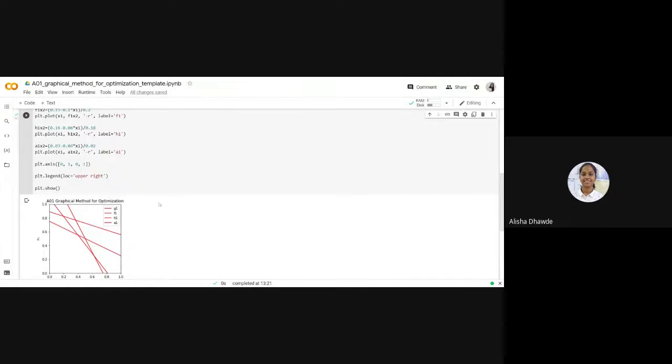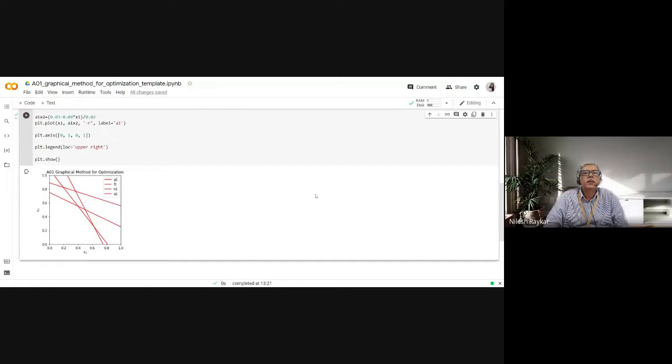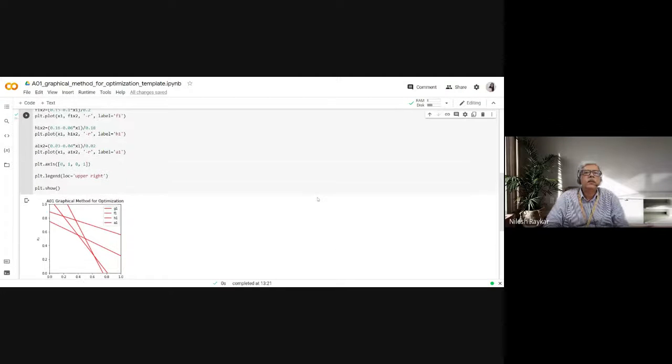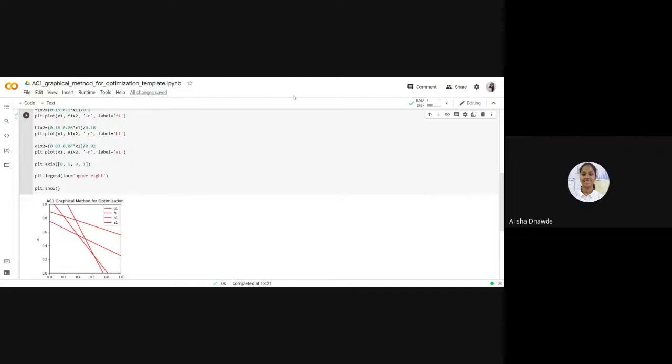Yeah, that's right. It is similar to what I think Jay got in GeoGebra, except that this is not shaded. Yes. So we still got the same solution point. Yeah, that's good.